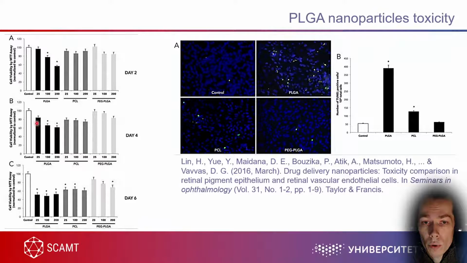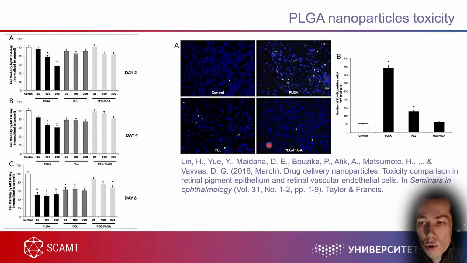And if you look at day 2, day 4, and day 6, at day 6, the cell viability in all of the samples dropped by maybe 50%. But this may be not only due to cytotoxicity; we need to check the experimental protocol. This can be because of depletion of some nutrients in the culture media, for example.